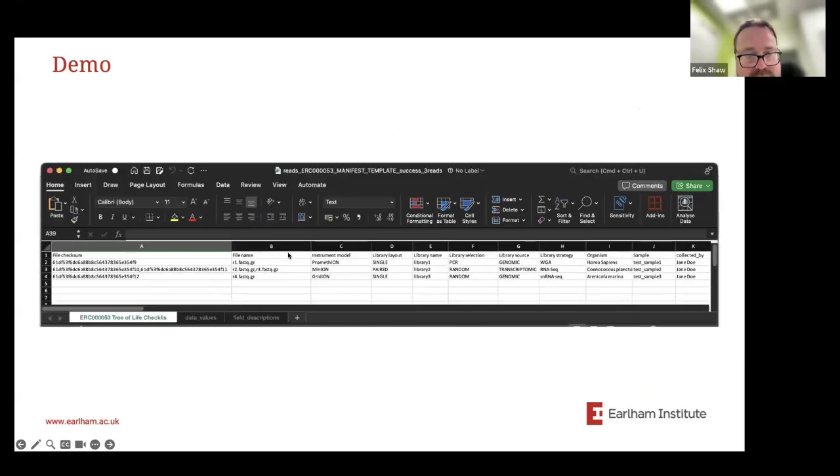So you end up with a manifest file with all of the metadata. This is just a short subset of the metadata. It goes off to the right for quite a few tens of fields. This is a biodiversity-based metadata manifest.